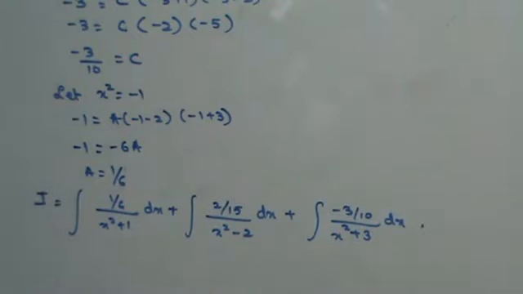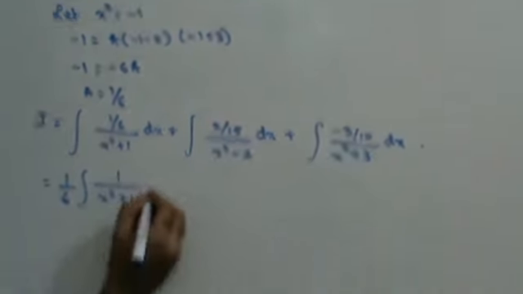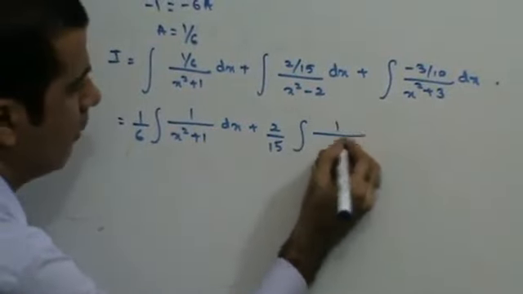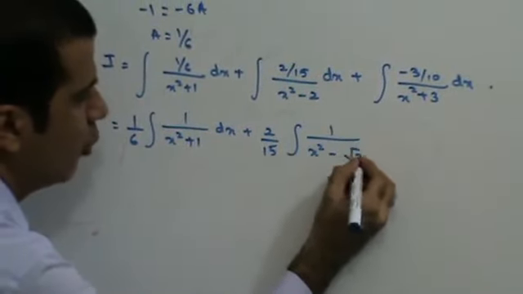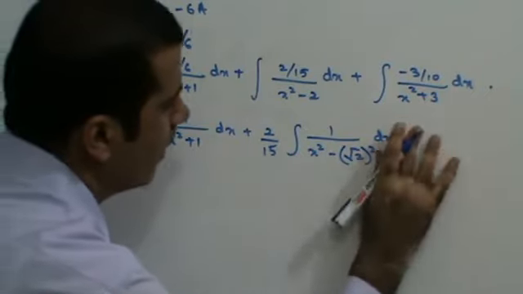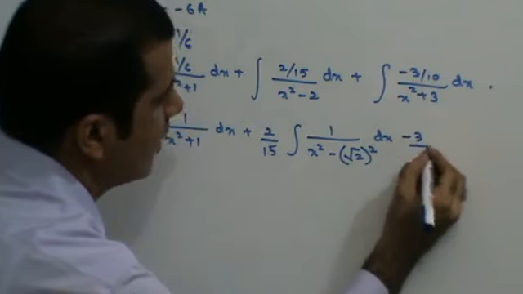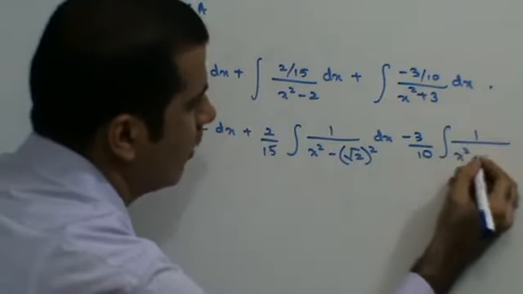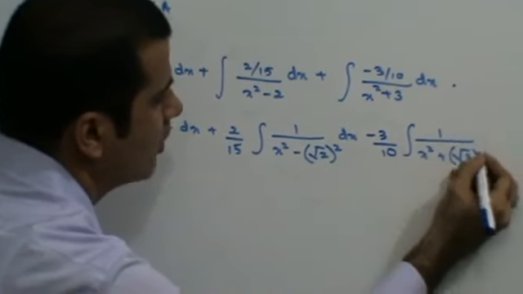Get the constants out. I've already split the integral sign. This is 1 upon 6 integral of 1 upon x square plus 1 dx plus 2 upon 15 integral of 1 upon x square minus root 2 square dx plus minus 3 upon 10 integral of 1 upon x square plus root 3 the whole square dx.